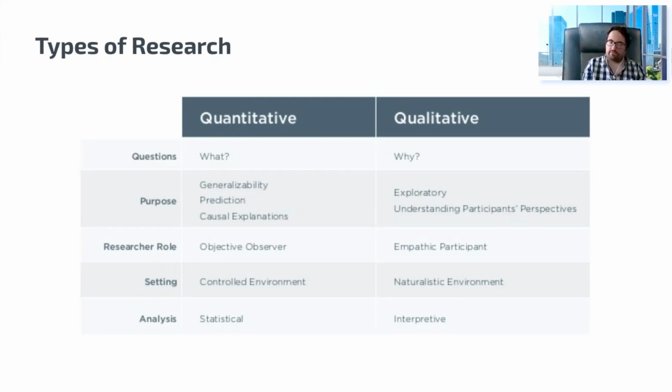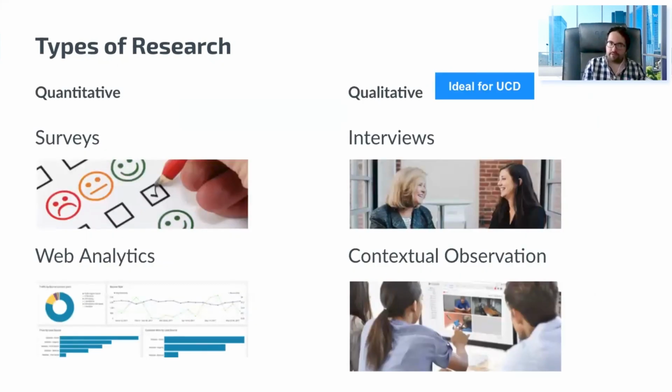But qualitative research is all about why. And the purpose of each of those is very different. And in terms of the roles, the settings, and the analysis, they change depending on the technique that you use. But I think for the most part, qualitative research is ideal for user-centered design because it focuses on people.